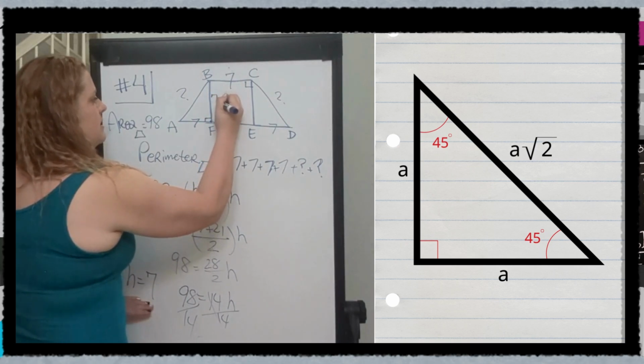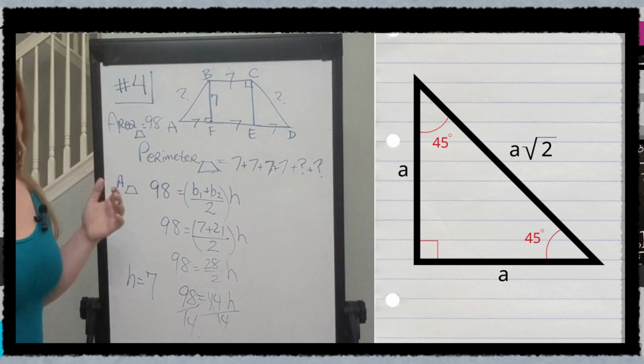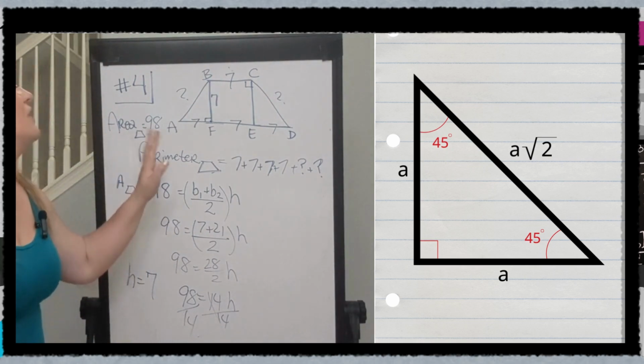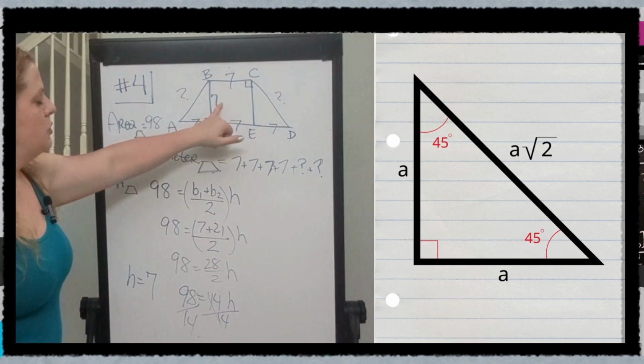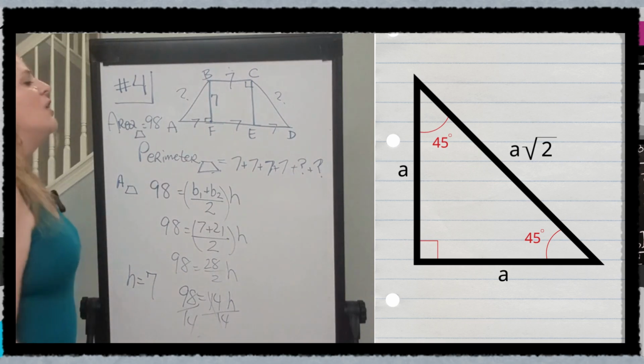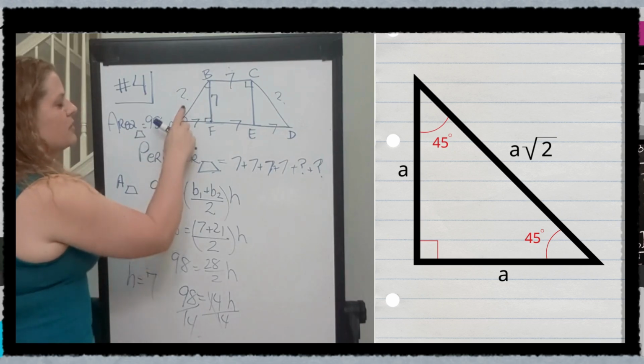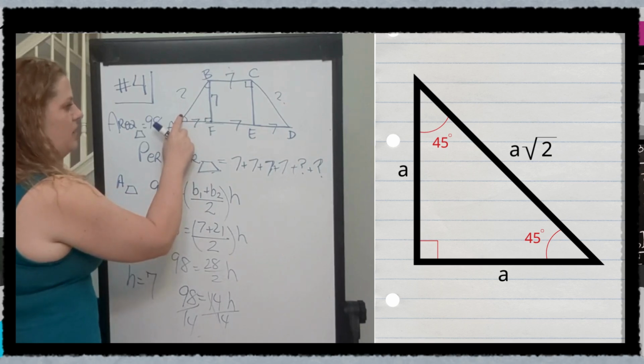That is 7. So if you watched the hint that I had just posted a moment ago, if you have two legs that are the same, that means you have a special triangle. We have a 45, 45, 90, and there's a special rule here for finding this hypotenuse.